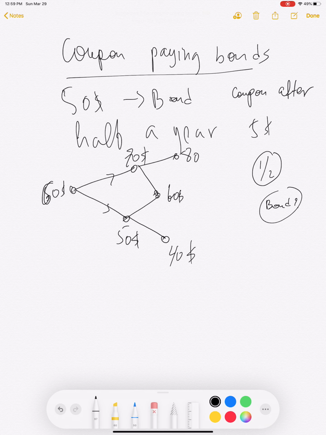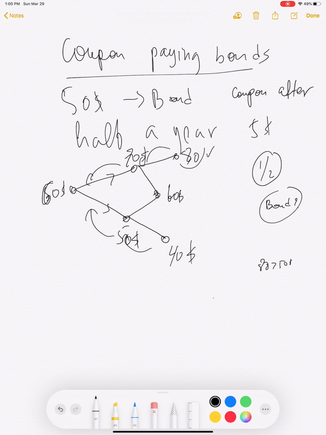Now, how do you value the bond? You go backwards, right? You want to go like this. Here you have no problem, because here the value of the company is higher than the principal, and you pay the principal plus the last coupon at the end.